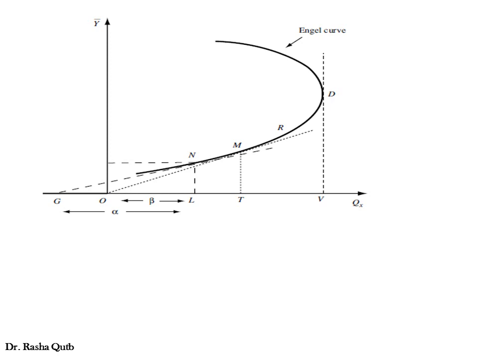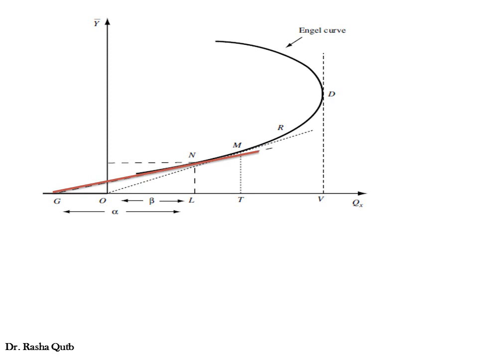Now let's move to another point on the Engel curve, for instance, point N. We draw a line that is tangent to the Engel curve at point N. We found that the tangent intersects the x-axis at the negative side.